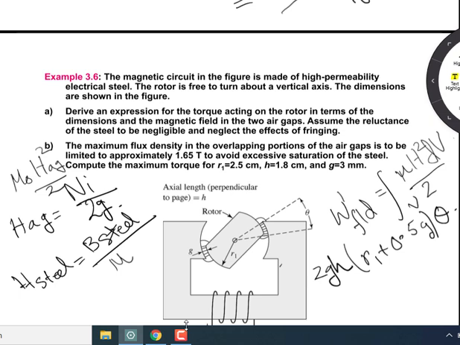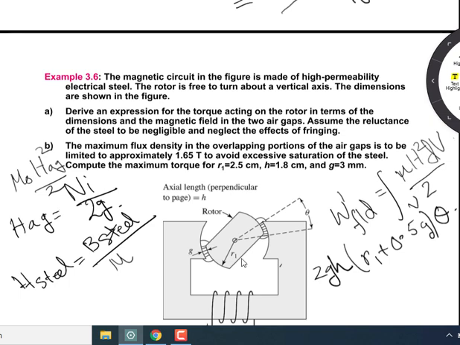So what would the co-energy be? Co-energy will be the air gap co-energy density, which we have already found out, that is mu 0 H Ag square by 2, with this overlapping air gap volume.